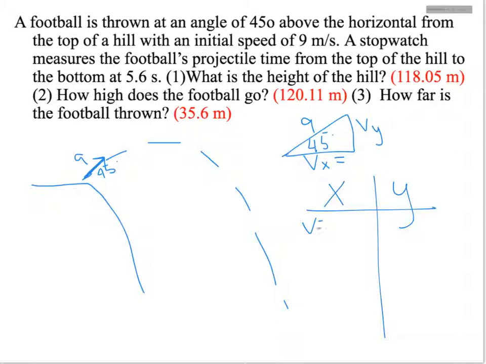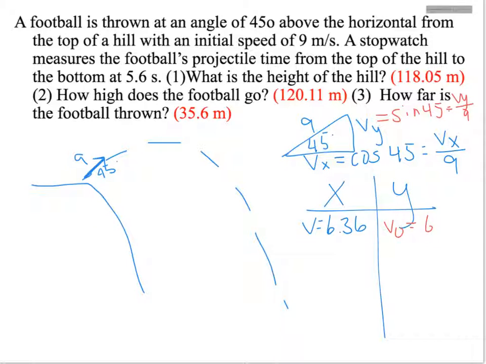I'm just going to use cosine of 45 is equal to Vx over 9, which comes out to be 6.36. And I can use sine of 45 is equal to Vy over 9. And that also comes out to be 6.36.